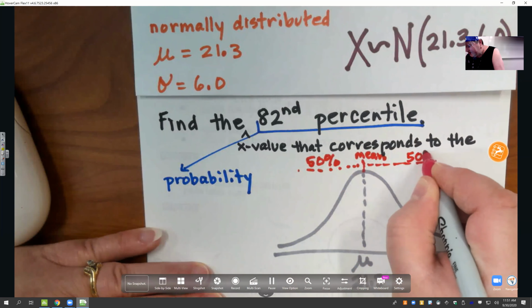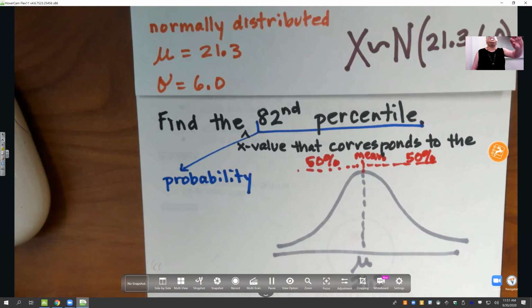Furthermore, you have to remember that when you interpret a percentile, the percentile is the percentage below the given score. So I have to think about where 82% is.